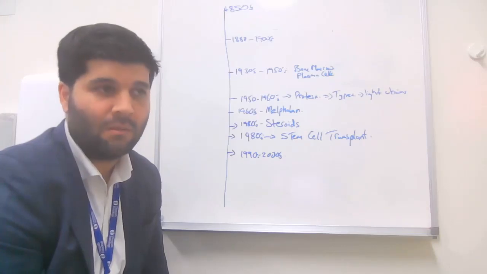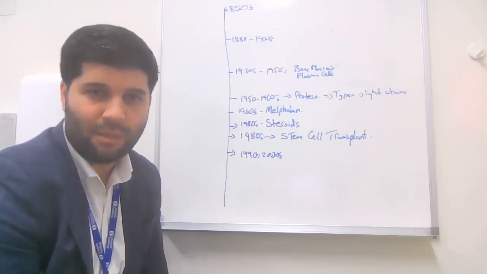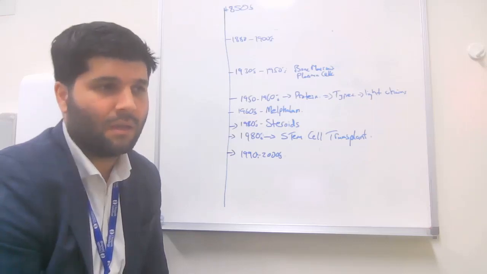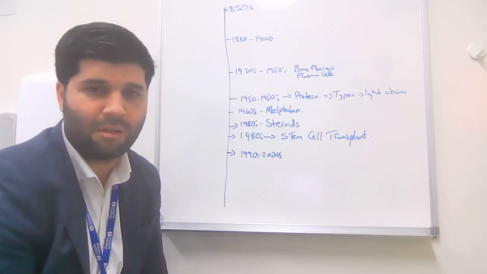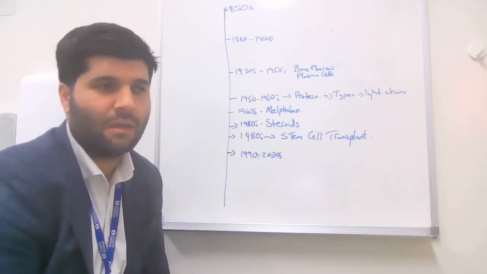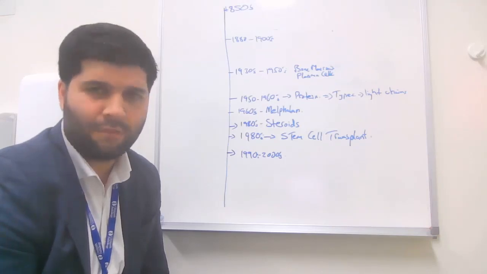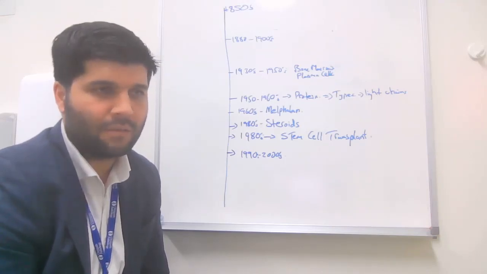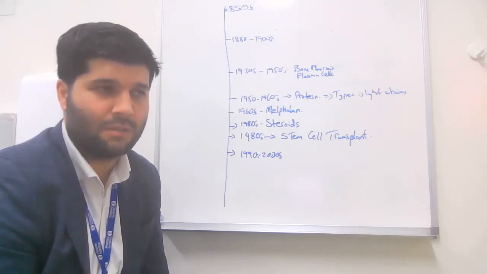And unfortunately, it led to really terrible congenital malformations, particularly malformations of the limbs. And so, it really went out of favor after it was used as a morning sickness medication in the 1960s.